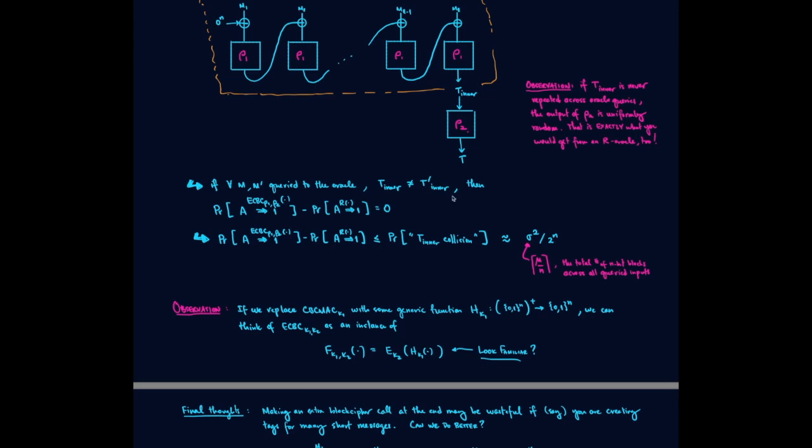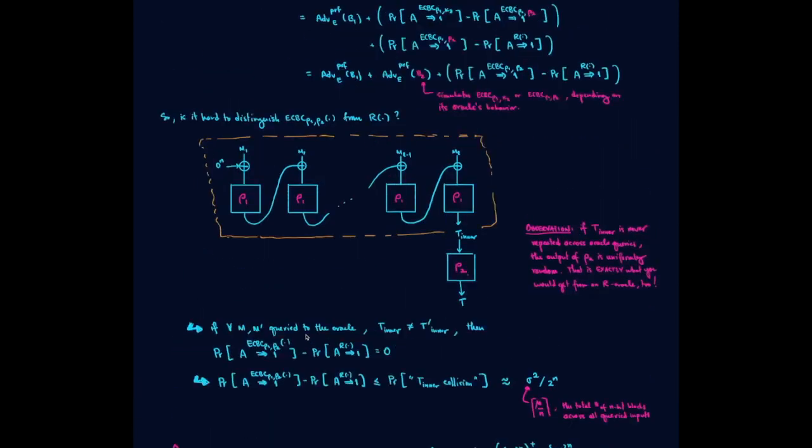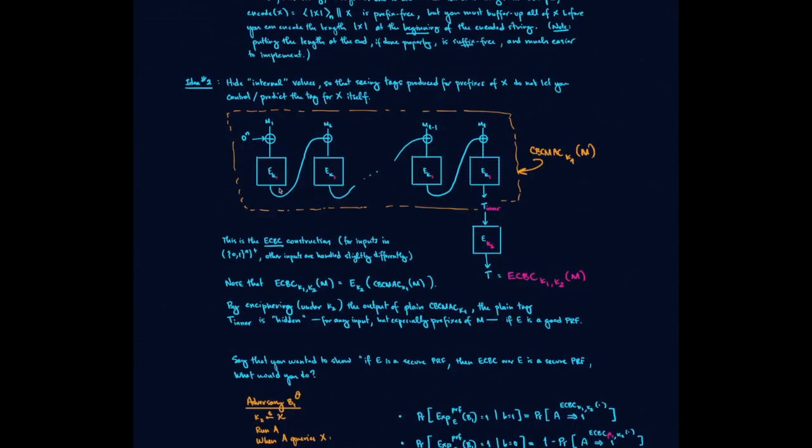Then this output here is, in fact, ECBC with 2 keys, the original construction. So I guess what I'm really doing is replacing everything inside of this box. I just erase this and imagine this box is labeled H sub K1. Then this output is H sub K1 on M run through E sub K2.